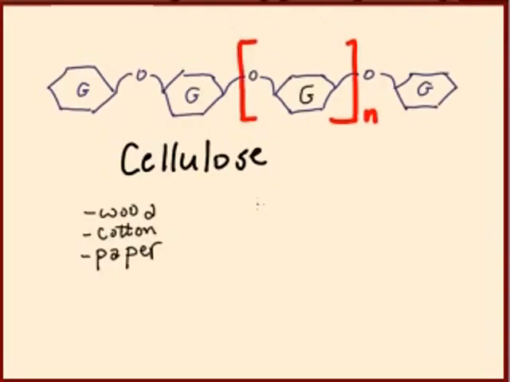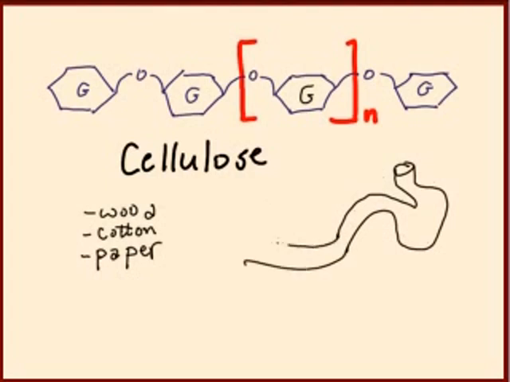So why are we talking about cellulose in a course about living organisms? One reason is sometimes in your body you have your stomach here, and then you have your intestines.